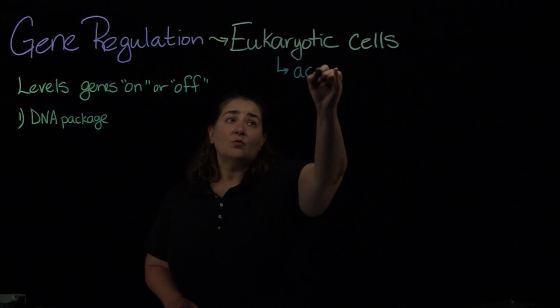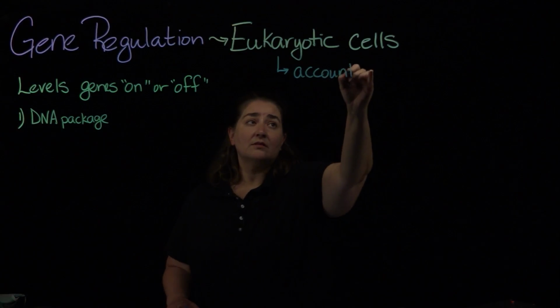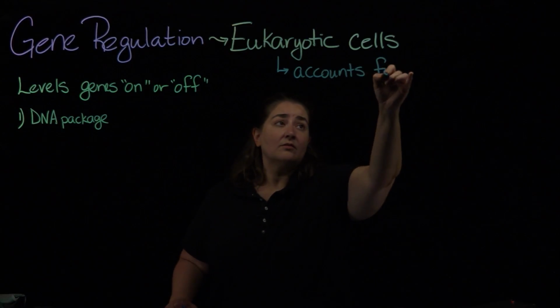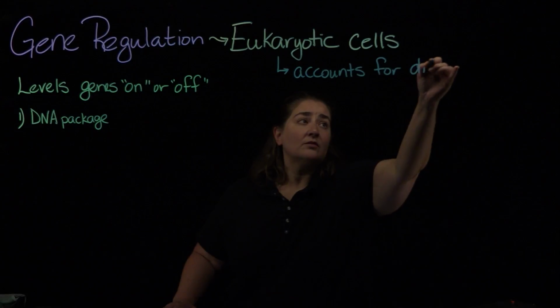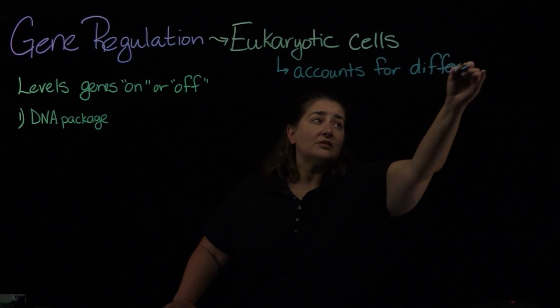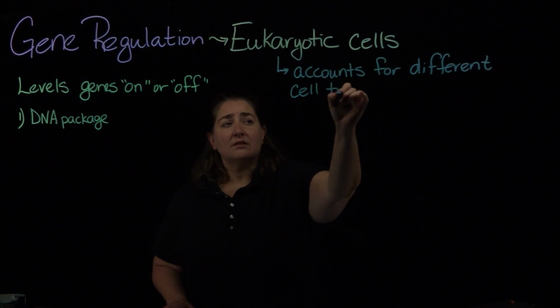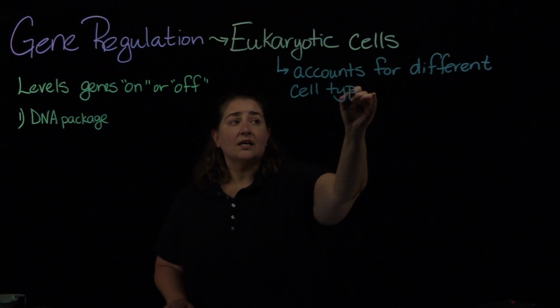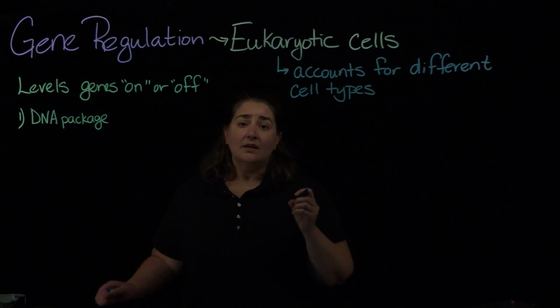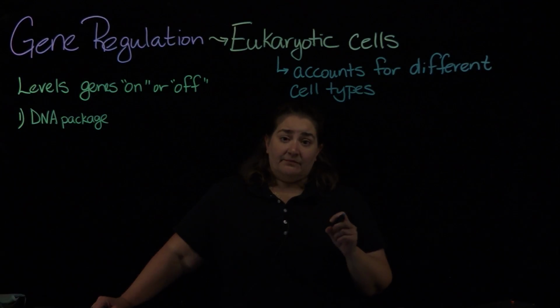is going to be what accounts for the different cell types that you're going to learn more about when you take A and P that make up the body, okay?